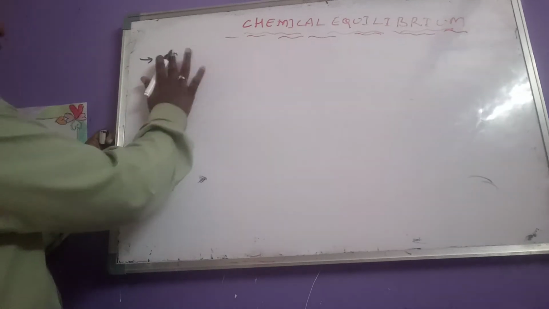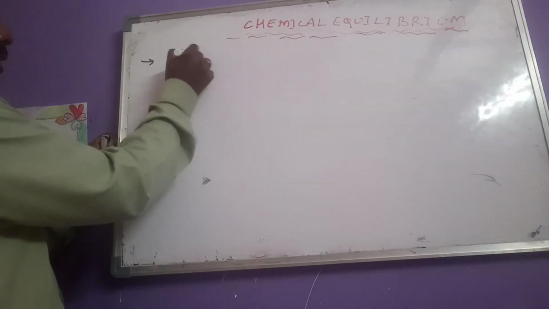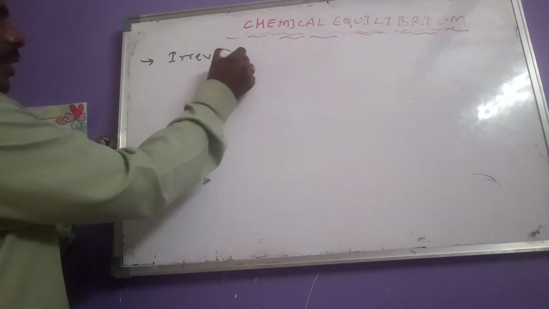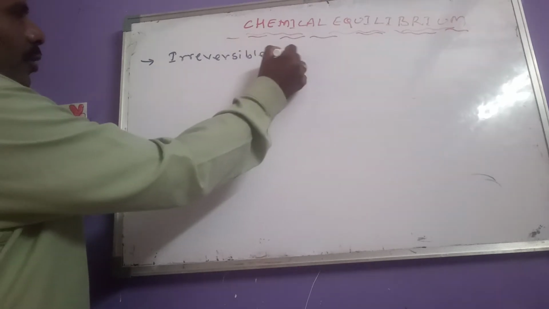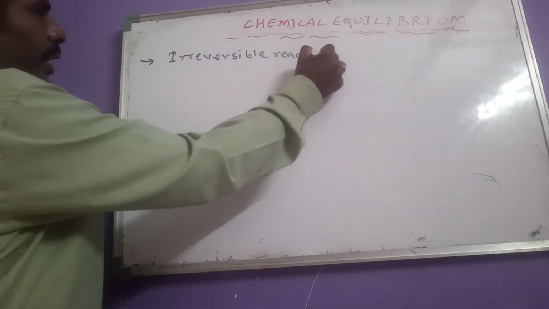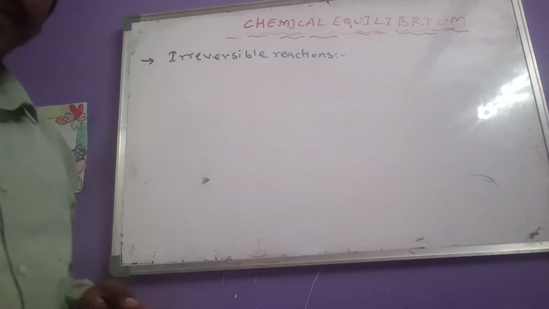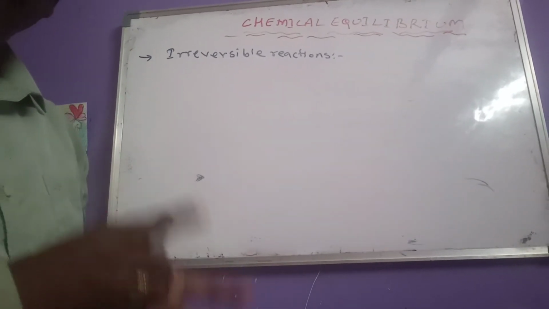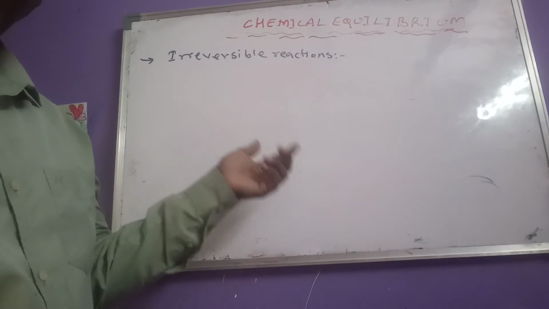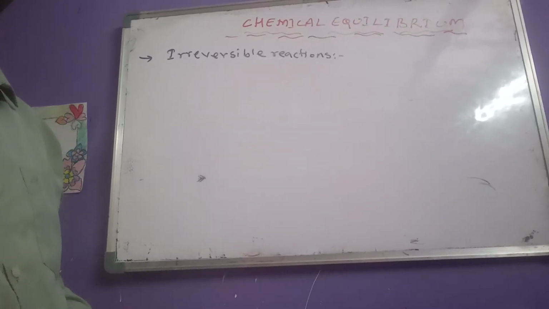The first one is irreversible reactions. So what are irreversible reactions? The reactions which take place only in one direction are known as irreversible reactions.